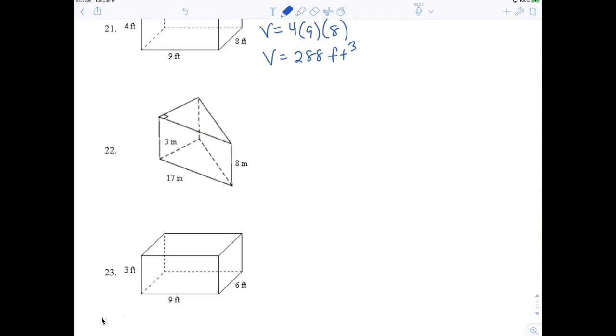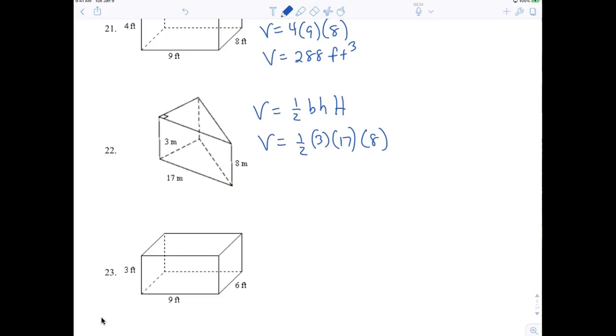So again, volume equals 1/2 little b, little h, capital H. Does it really matter which one you call little b, big B, little h? Because you're all multiplying, it doesn't really matter. So here you're just doing V equals 1/2 times 3 times 17 times 8. 204.